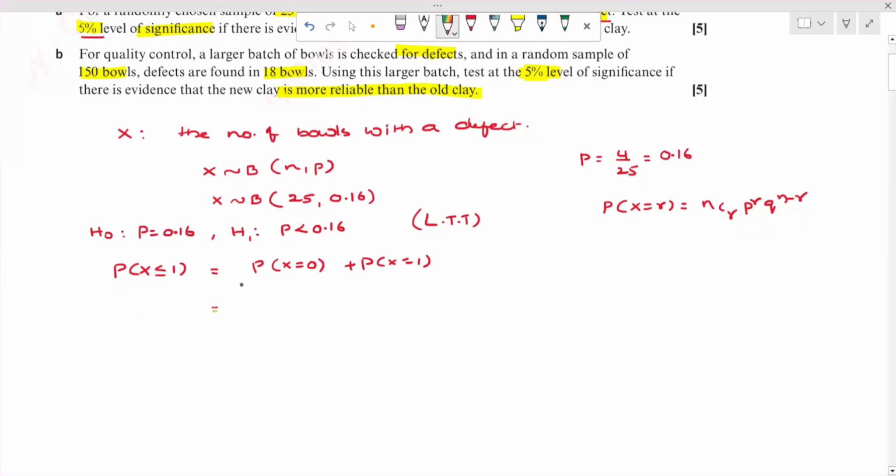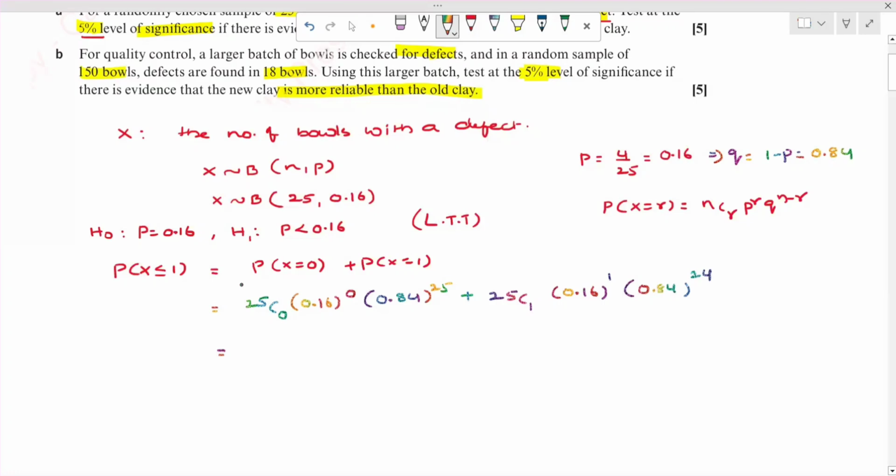If you simplify, n is equal to 25, so 25C0, and p to the power of r, p is 0.16, to the power of 0. q will be 1 minus p, which is 1 minus 0.16, equal to 0.84. Then 0.84 to the power of 25, plus 25C1 times 0.16 to the power of 1 and 0.84 to the power of 25 minus 1, which is 24.